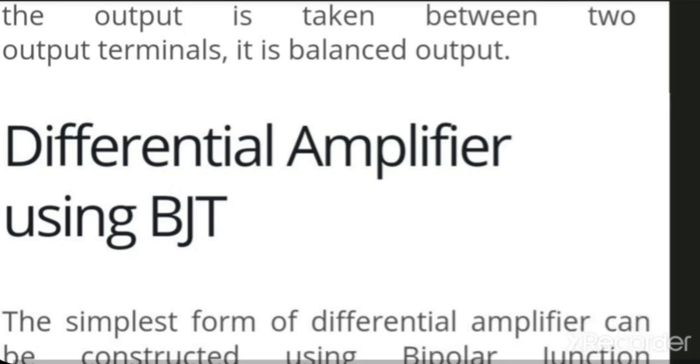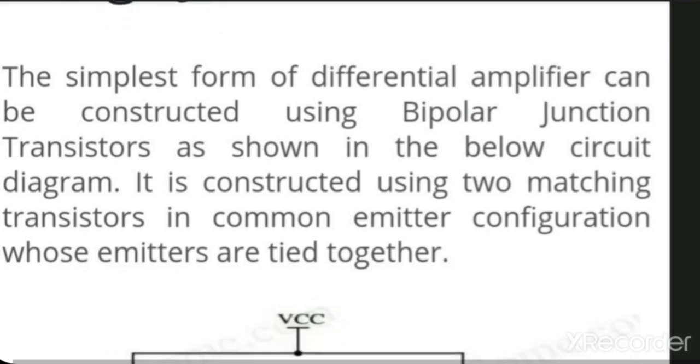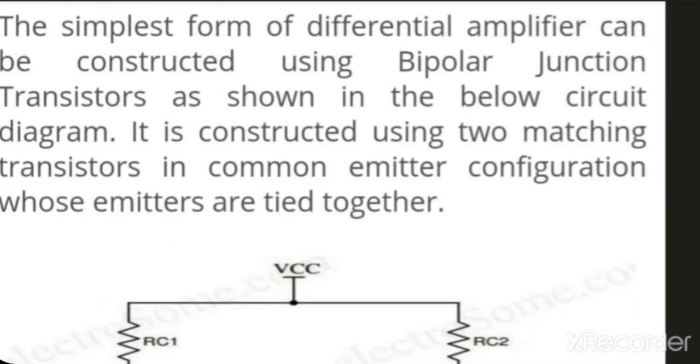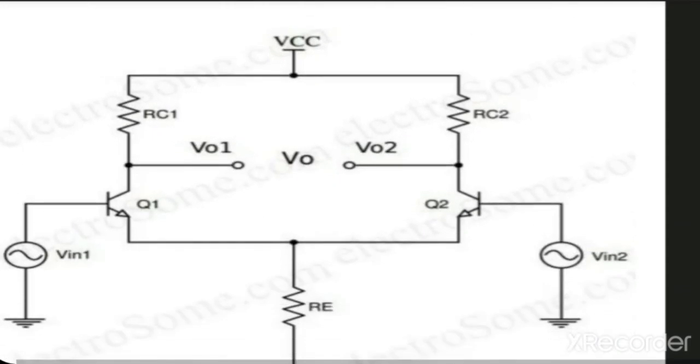Differential amplifier using BJT. Differential amplifier can be constructed using bipolar junction transistors. It is constructed using two matching transistors in common emitter configuration, whose emitters are tied together.